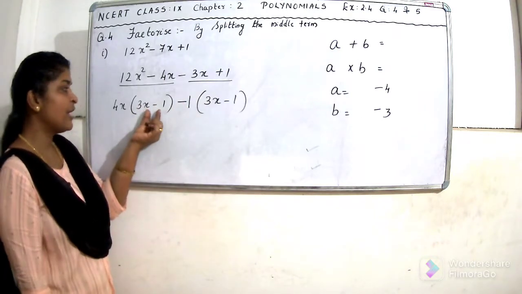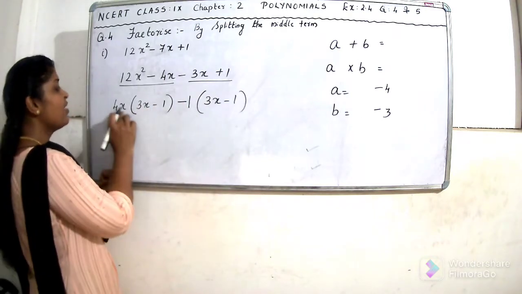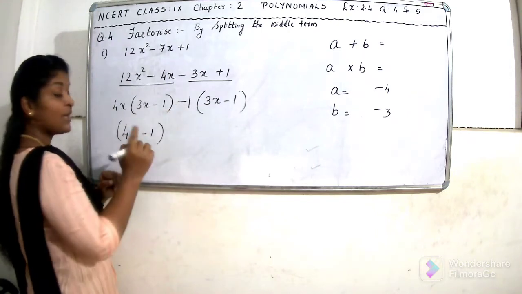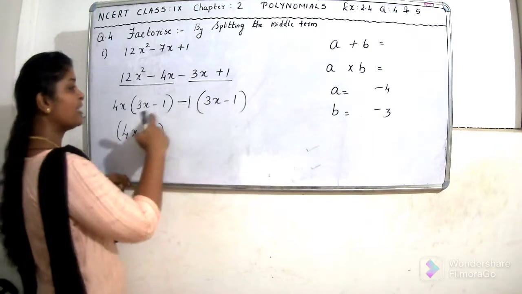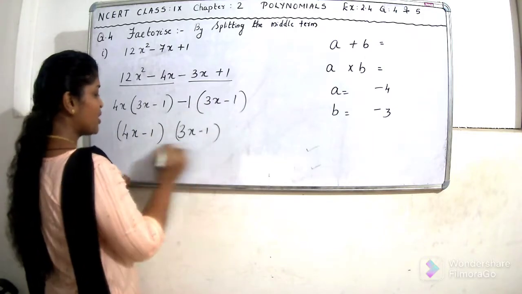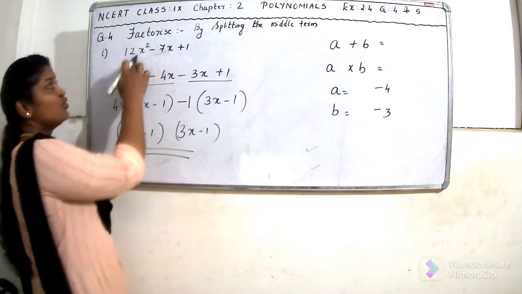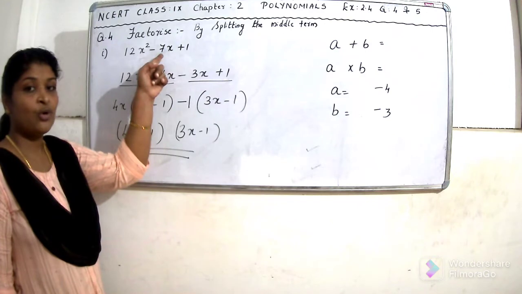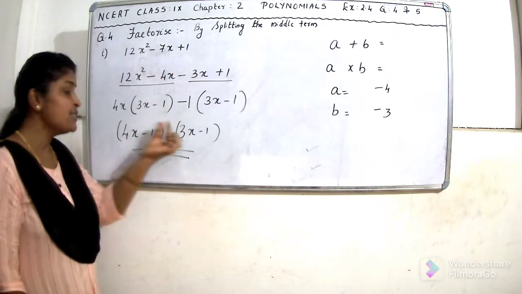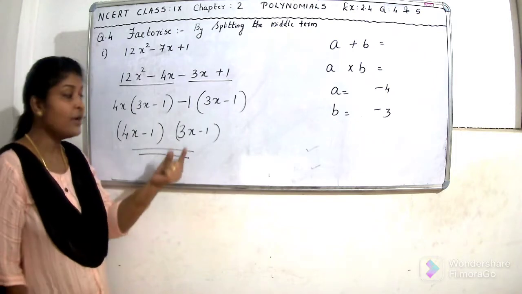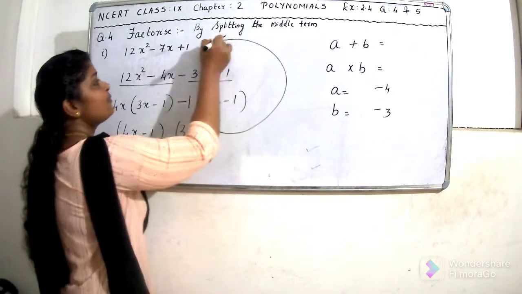So we can combine this and write 4x minus 1, that is one factor, and the second factor is the common one, 3x minus 1. So for this quadratic polynomial 12x square minus 7x plus 1, these two are the factors, which means when we multiply these two, we will get the same polynomial.